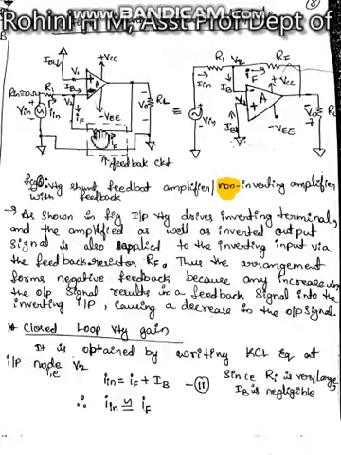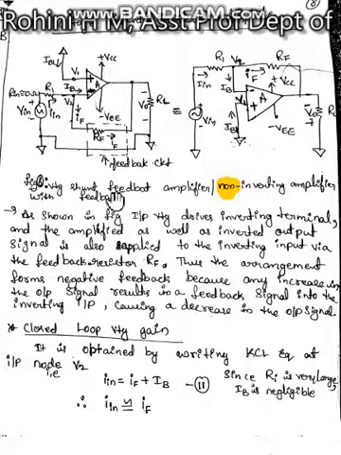Here is the feedback circuit with the feedback resistance, and here we draw the output. We apply the input V in through the resistance R1, and the feedback resistance connects the V2 terminal to V out.